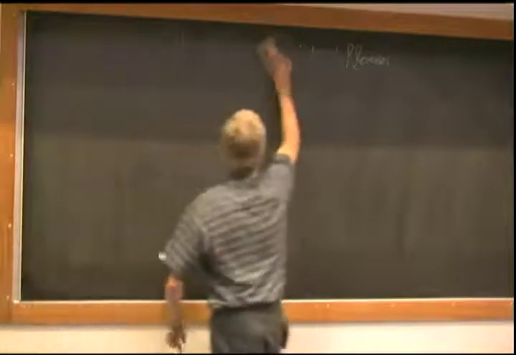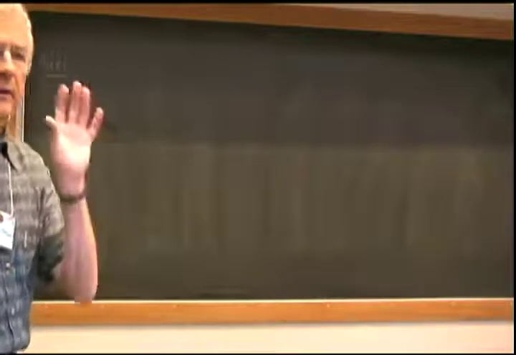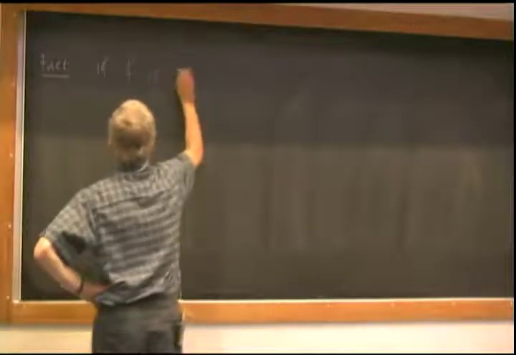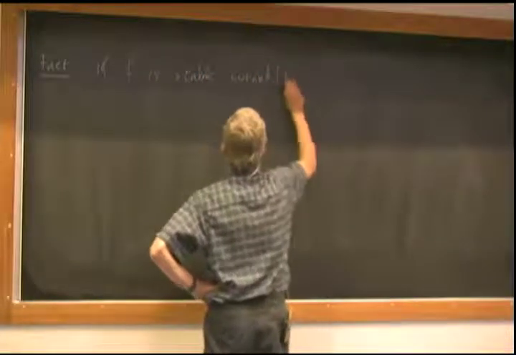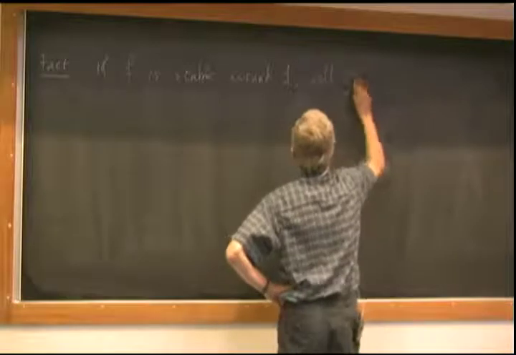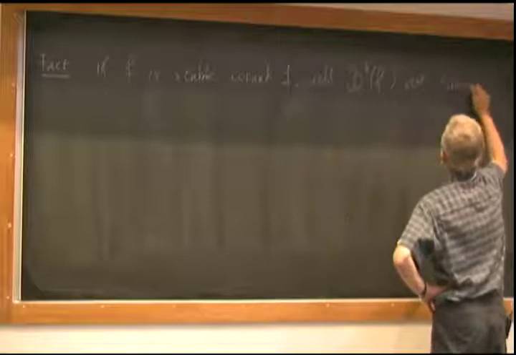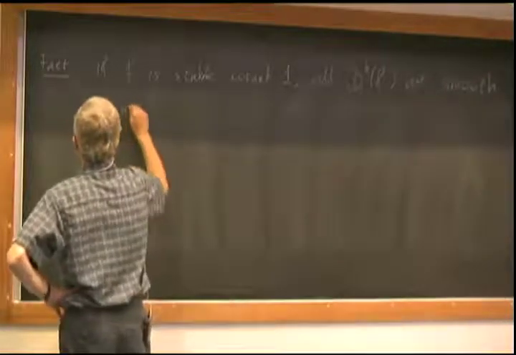And another fact which we observed in our example yesterday. If F is stable, co-rank 1, then all the D^k f are smooth or empty.